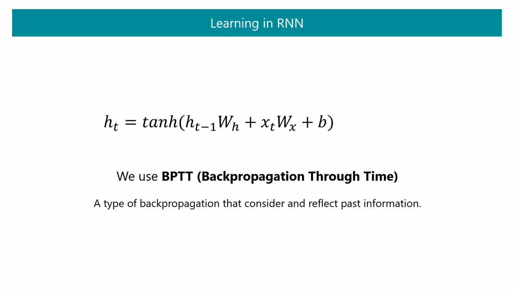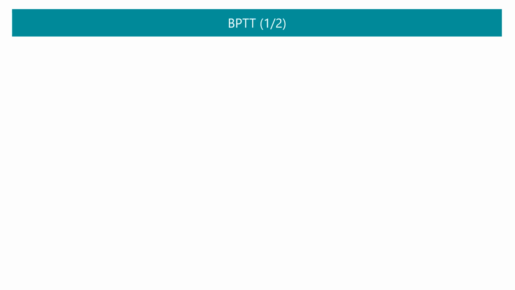Therefore, in RNN model learning, a special type of backpropagation is used to consider past information. This method is called BPTT, backpropagation through time. Let's see the process of BPTT. In backpropagation, the updates of weights and biases are repeated many times to minimize the total loss.